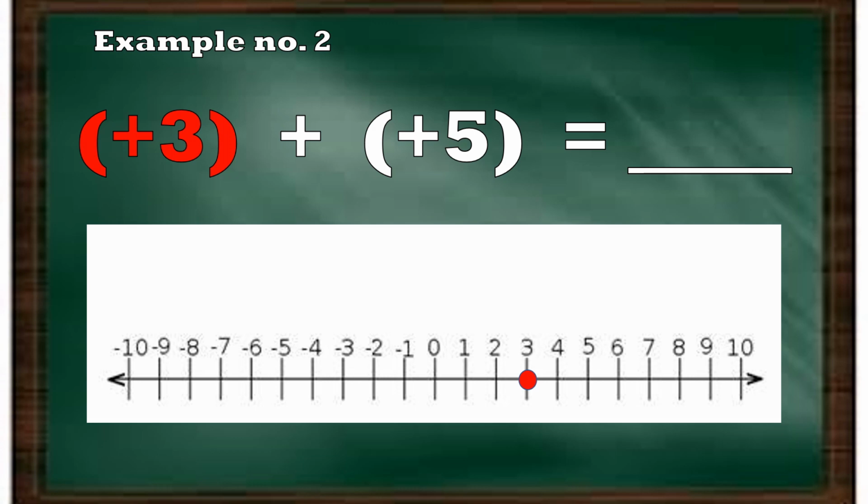In this case, it is positive 5. So, we will move 5 steps from positive 3 to the right. 1, 2, 3, 4, 5. And we landed on positive 8. So the answer of positive 3 plus positive 5 is positive 8.